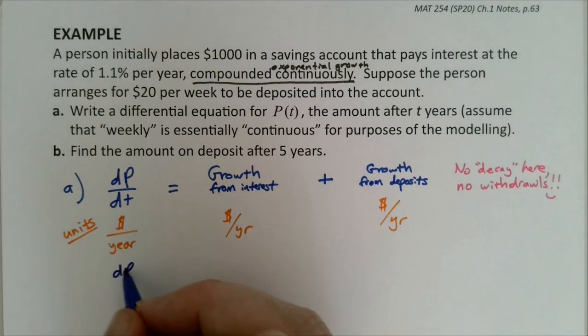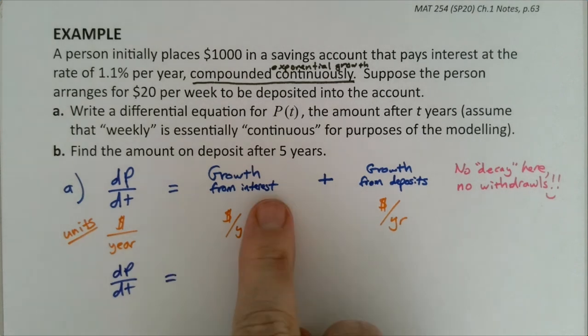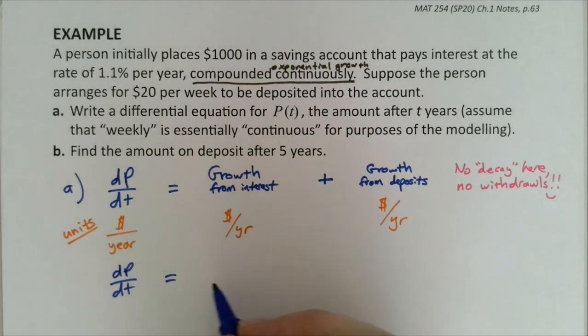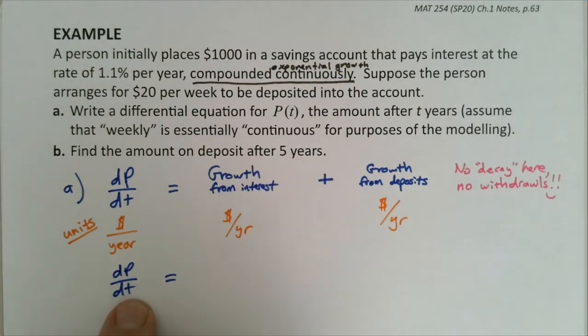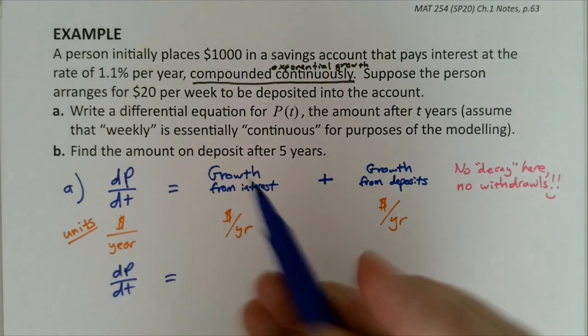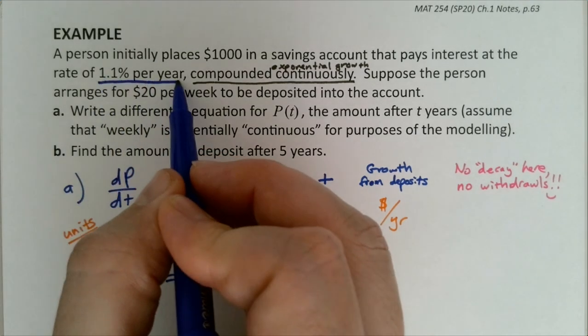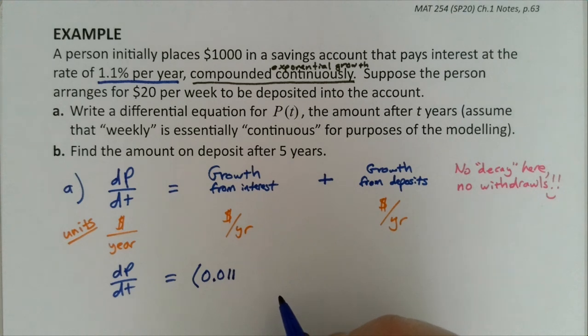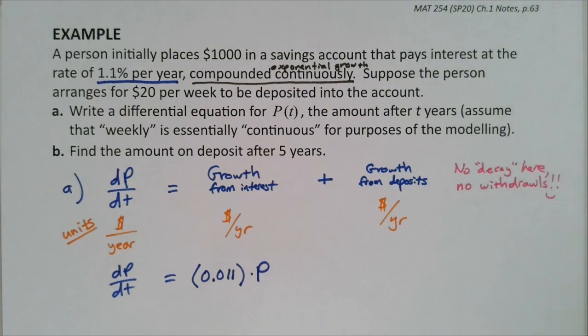So dP/dt is equal to the growth from interest. Now keep in mind you might be tempted to just throw in exponential growth and go like P0 e to the, but this is the rate equation. This isn't telling me how much money. It's telling me how much money am I gaining per year. And that's where this rate right here becomes super important because it's going to be 0.011 times P. Now, why the 0.011?